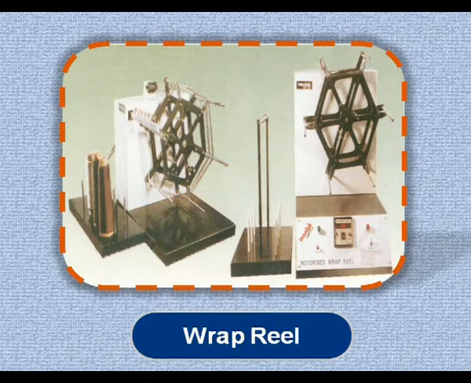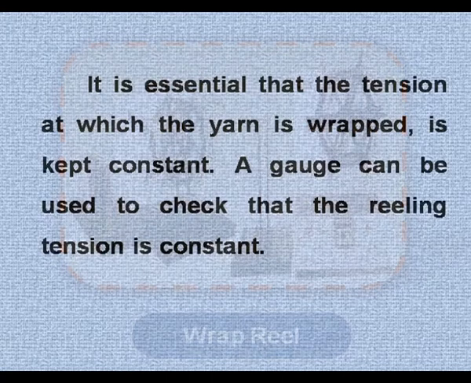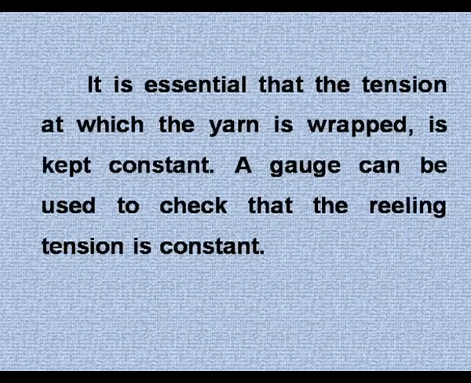Where the yarn is in package form, such as ring bobbins or cones, it is usual to wind a number of hanks by means of a wrap reel. It is essential that the tension at which the yarn is wrapped is kept constant.